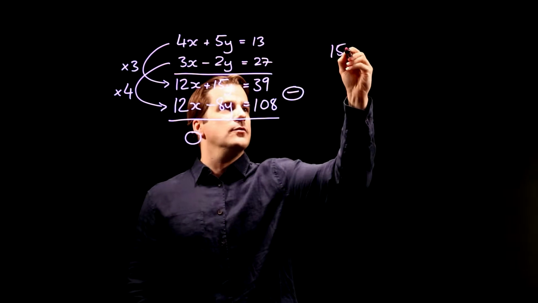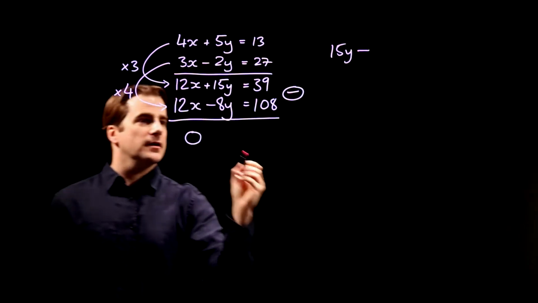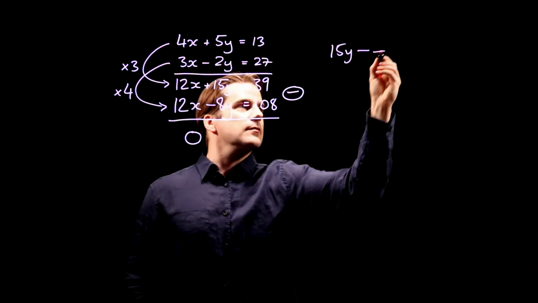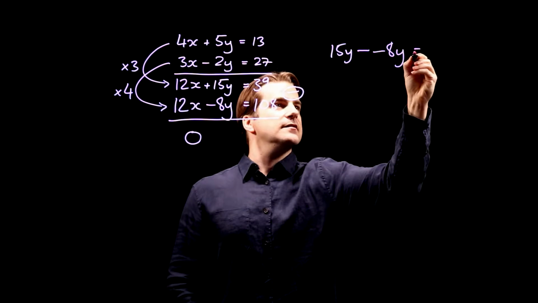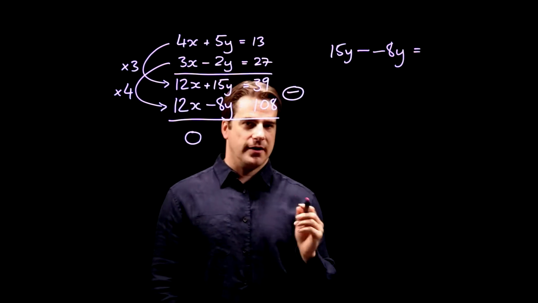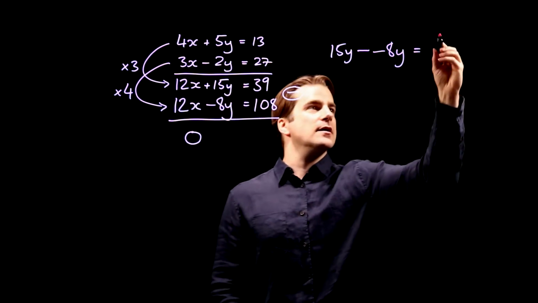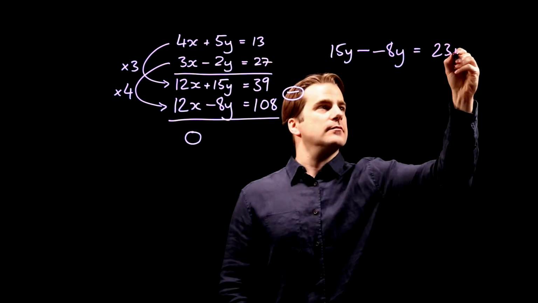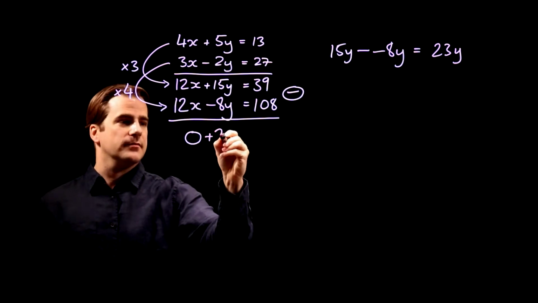So we're doing 15y minus minus 8y, which is, as you know, a minus next to a minus is a plus. It's 15y plus 8y, which is 23y. Okay, so we've got plus 23y there.